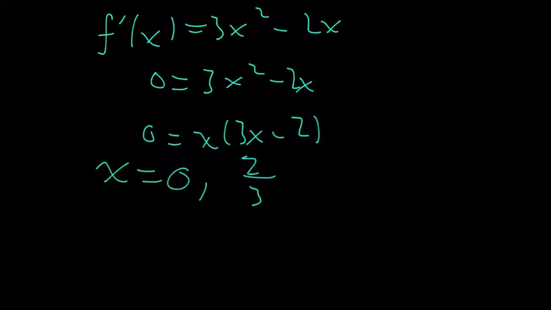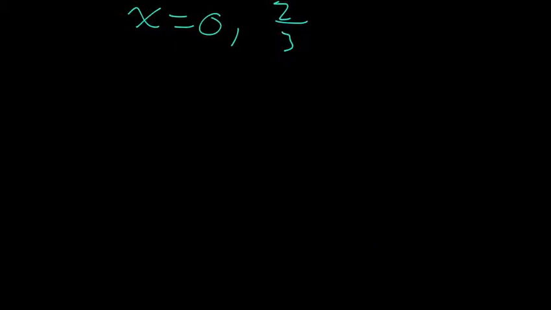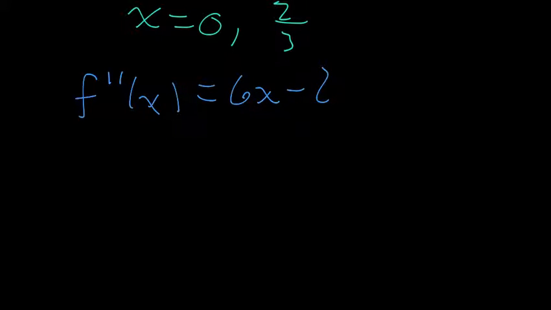Now at these points there might be a turning point or an inflection point. To find out which one it is, we're going to have to take the second derivative. Doing that, we get that f double prime of x equals 6x minus 2. At inflection points, the second derivative is equal to 0.